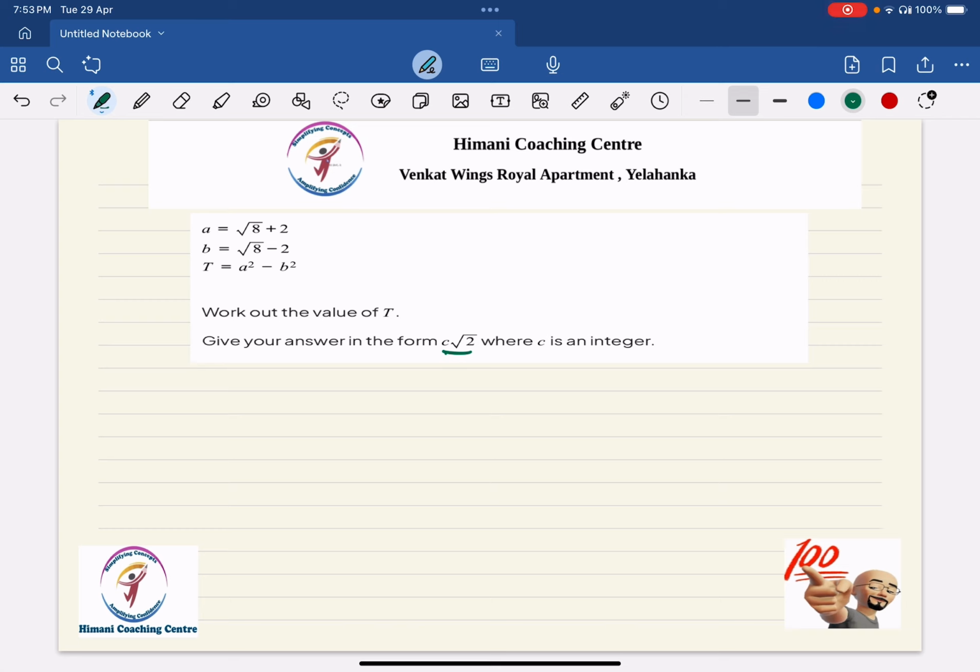Okay. So students, again, as I gave you the formula in the previous question, we did a plus b into a minus b is a square minus b square. That means even a square minus b square can be written as a plus b into a minus b. So if we use this formula, this question will become simpler.